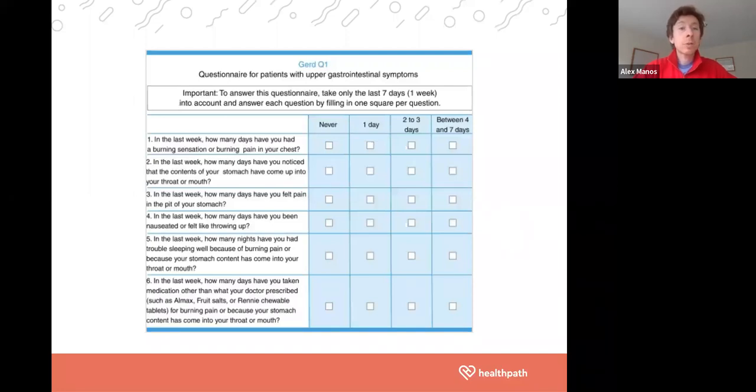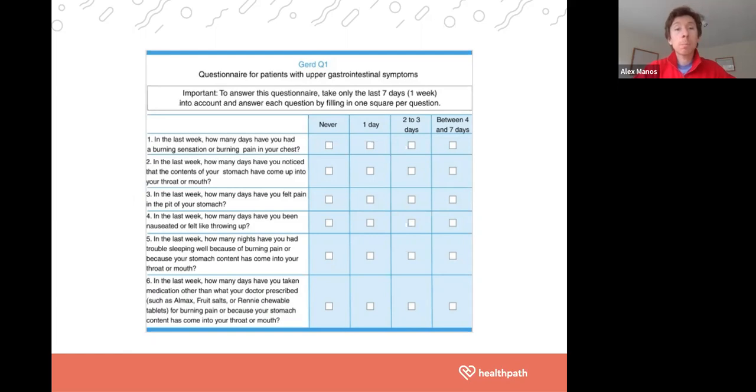How many days have you noticed that the contents of your stomach have come up into your throat or mouth? How many days have you felt pain in the pit of your stomach? How many days have you felt nausea or felt like throwing up? How many nights have you had trouble sleeping because of a burning pain or because your stomach content has come into your throat or mouth?